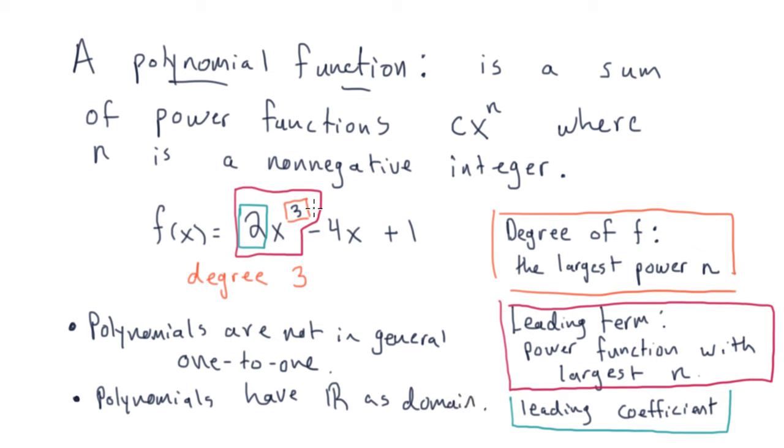So there's no problem plugging any real number into a polynomial and outputting a real number. So that is just a couple of the key facts about polynomials. We'll see these time and time again. I will make a note that a linear function is an example of a polynomial function. Notice that a linear function is a degree 1 polynomial.